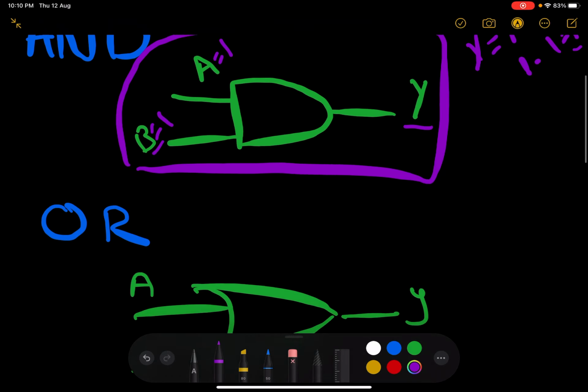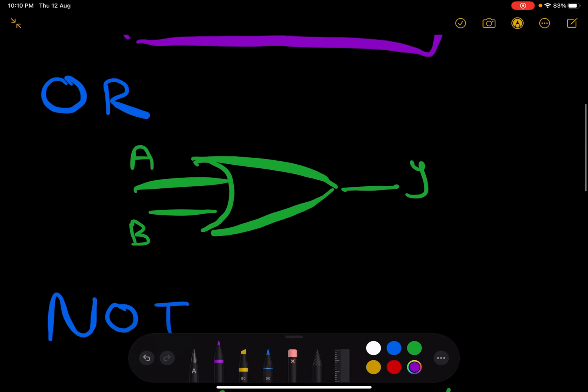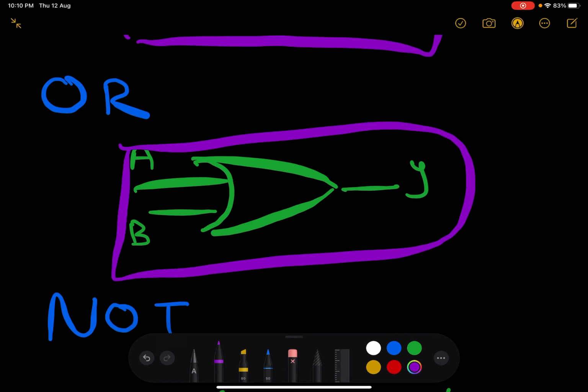Moving to the second gate, the OR gate. This is the shape for the OR gate, and you should memorize the shapes, because you will need them to, for example, draw the circuit for a particular expression, or to go from the figure and write the expression, and so on.